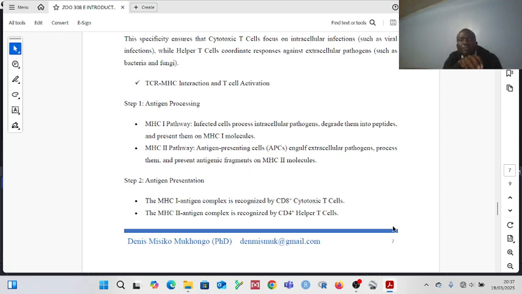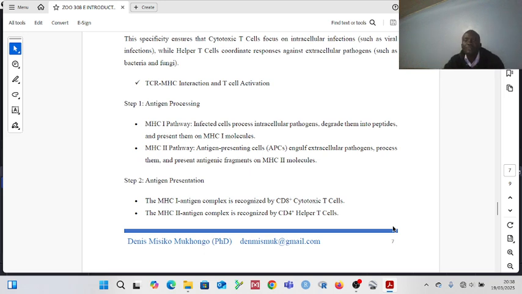The MHC2 pathway is now dealing with the APC, the antigen presenting cells. With the MHC2 pathway, the antigen presenting cells will engulf. Remember the MHC type 2, the class 2, it deals with the extracellular pathogens.